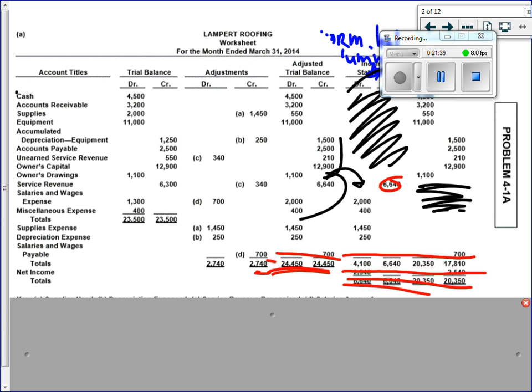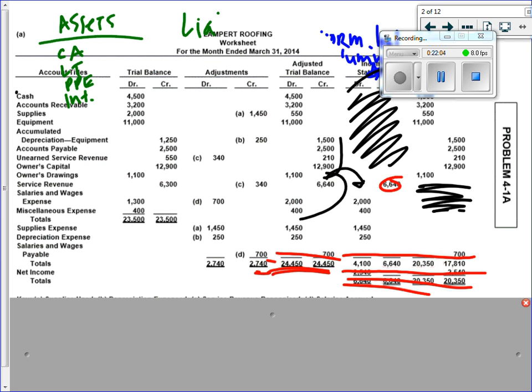So let's label. What are the 4 classifications of assets? Let's just write them down. There's 4. CA, long-term, PPE, intangible. Okay, those are the 4.